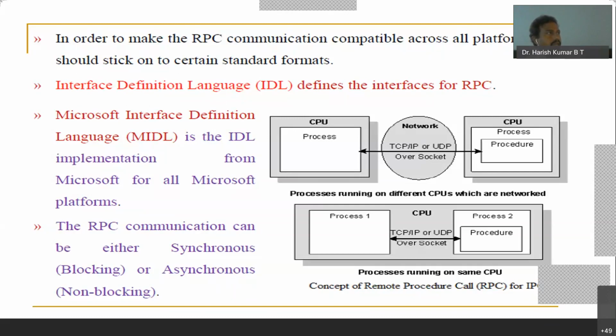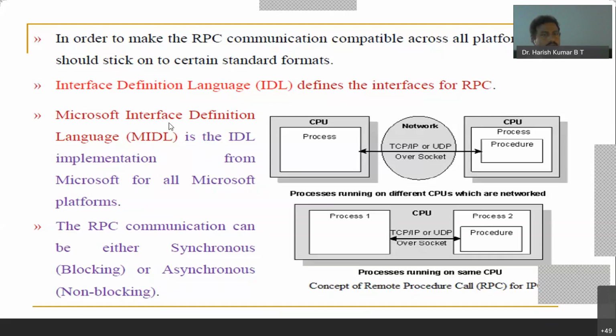What the IDL will do is generate something called the client stub and the server stub, and these stubs generated by the interface definition language efficiently mask the heterogeneity and provide efficient communication.